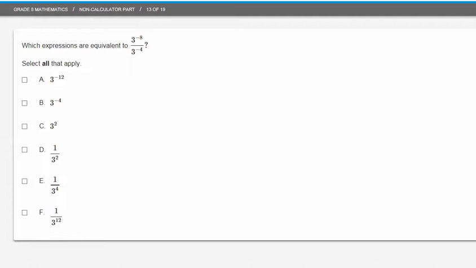So I'm just going to go ahead and do this problem. I have 3 to the negative 8th minus negative 4. Now, negative 8 minus negative 4 is going to be equal to 3 to the negative 4th, because subtracting a negative is the same as adding a positive. So negative 8 plus 4 is negative 4. So this is my option.